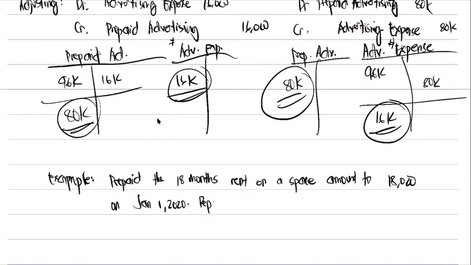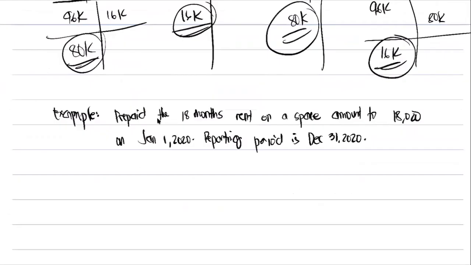So the reporting period is December 31, 2020. Okay, so 18 months rent paid on January 1. We report now on December 31, 2020.